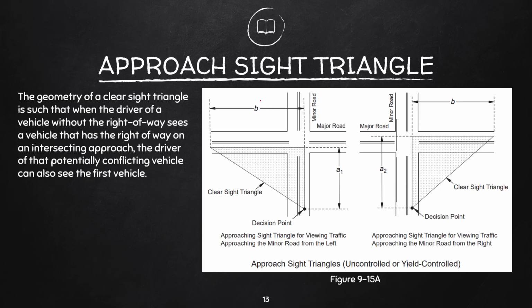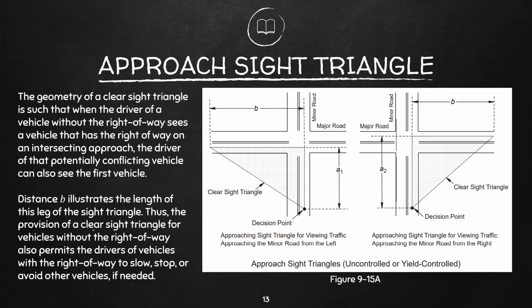This distance b is what we call your intersection sight distance. Distance b illustrates the length of this leg of the sight triangle. Thus, the provision of a clear sight triangle for vehicles without the right of way also permits the drivers of vehicles within the right of way to slow, stop, or avoid other vehicles if needed.